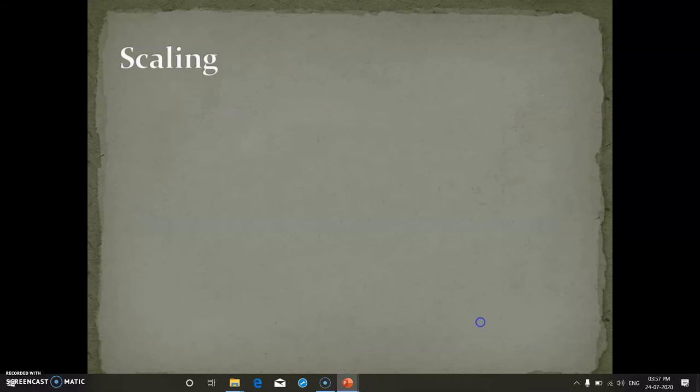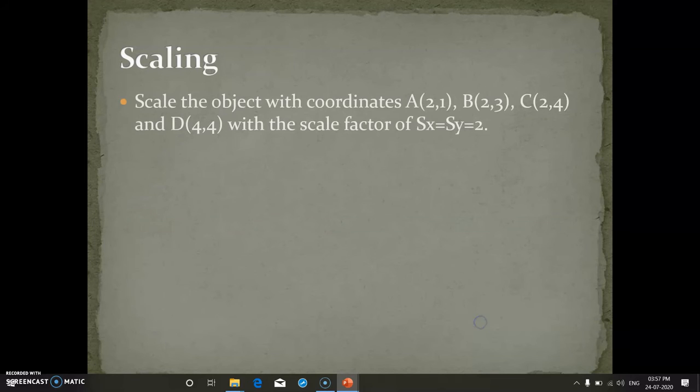Now let's see an example. Scale the object with coordinates A(2,1), B(2,3), C(2,4) and D(4,4) with the scale factor of Sx equal to Sy equal to 2. Here Sx and Sy are equal, so we call it uniform scaling. And since Sx and Sy are greater than 1, the resulting size would be larger and away from the origin.